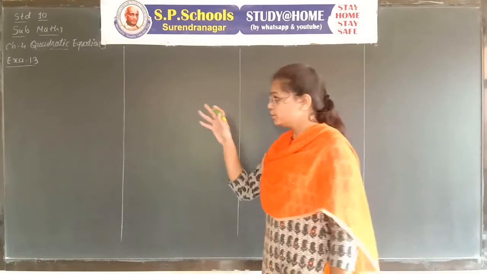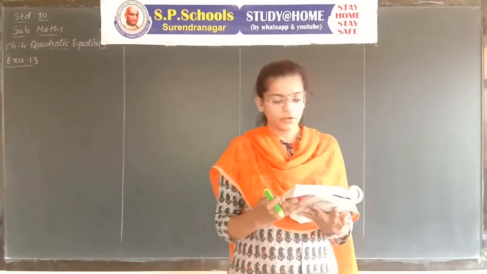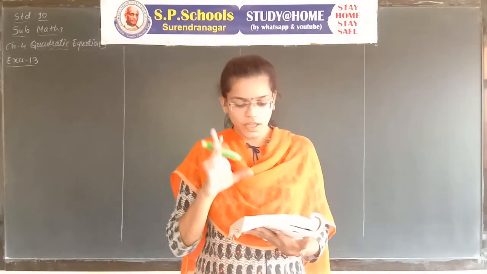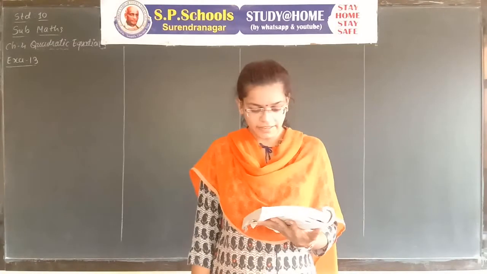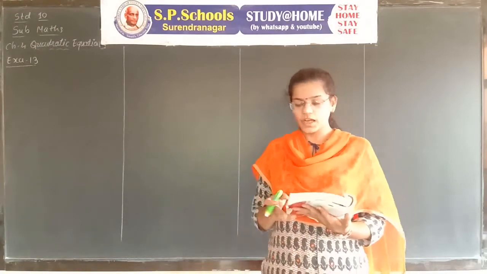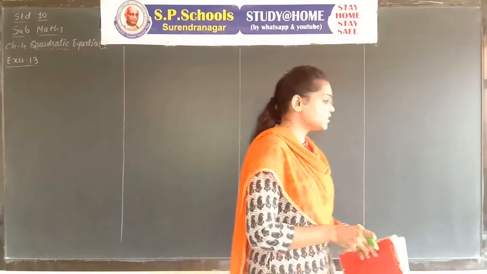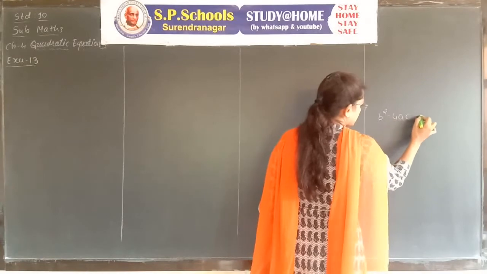Let's see the new example number 13, in your textbook, page number 85. Find the roots of the following quadratic equation if they exist, using the quadratic formula. We know whether roots exist or not using b square minus 4ac, the discriminant.